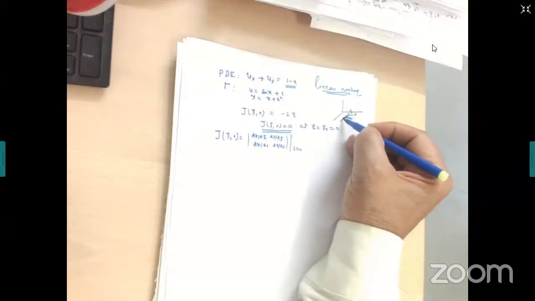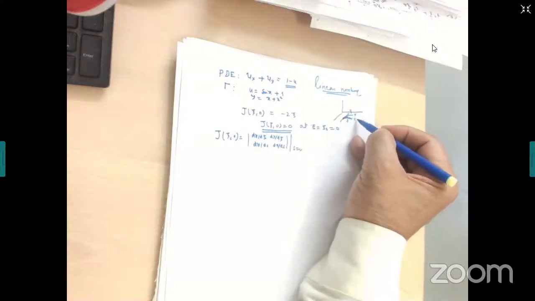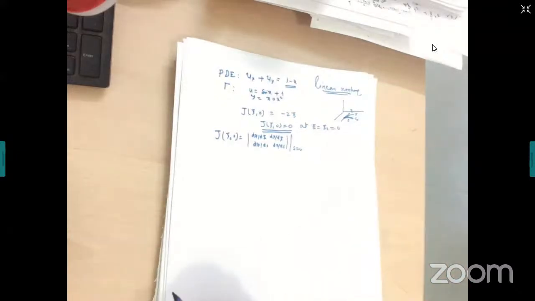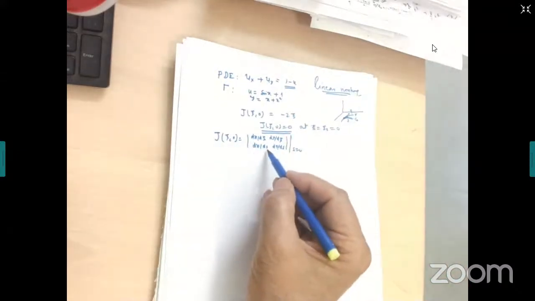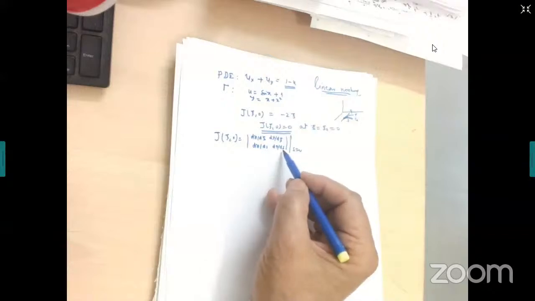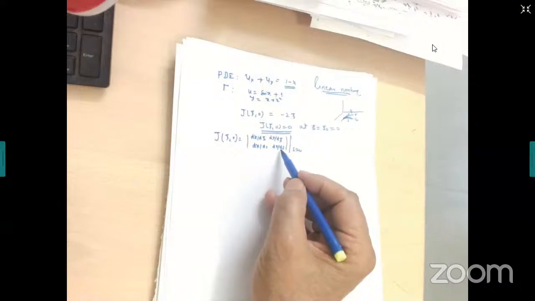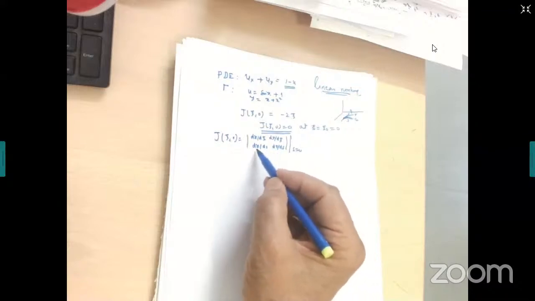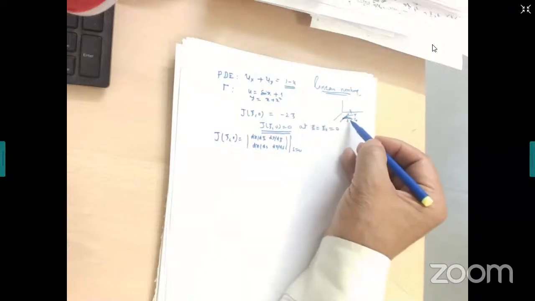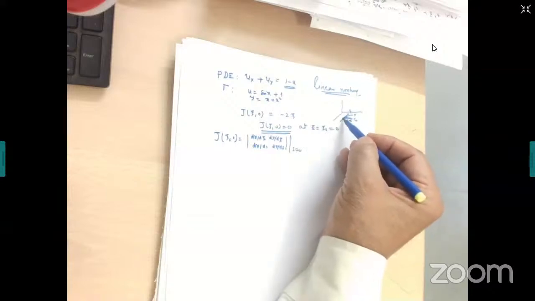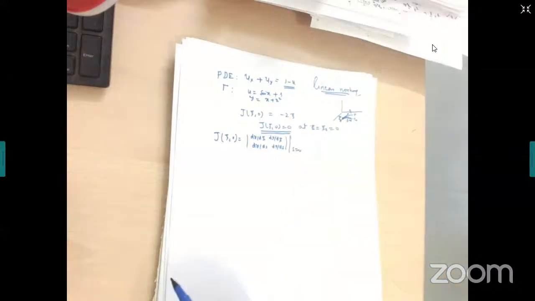What are dx ds, dy ds? We know from calculus that these are the components of the tangent vector to the characteristic curve evaluated at s equal to 0. S is measured in this direction. Here s is equal to 0. So this is the point P naught.